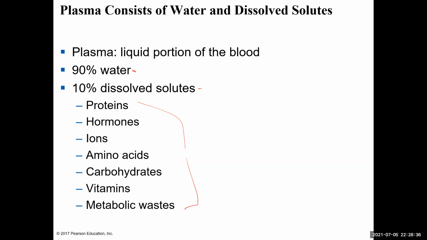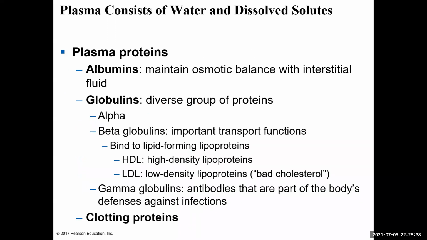Now, the various proteins found in plasma are the albumins and the globulins.